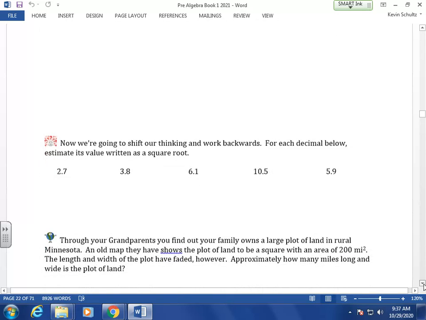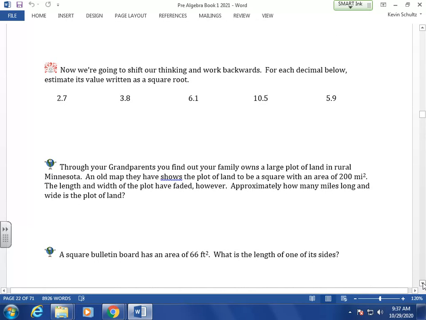But then this middle section here says, now we're going to shift our thinking and work backwards. For each decimal below, estimate its value written as a square root. Written as a square root. So now it's like I'm giving you the answer, and you're giving me, what possible starting root would that be?